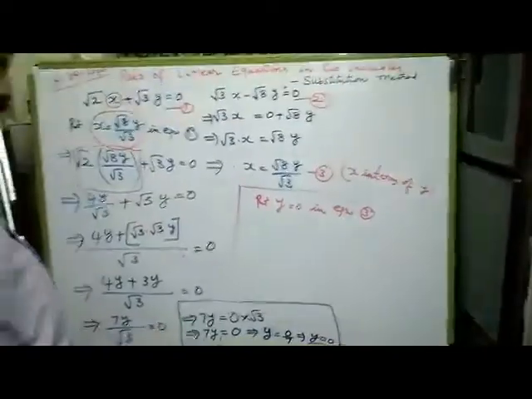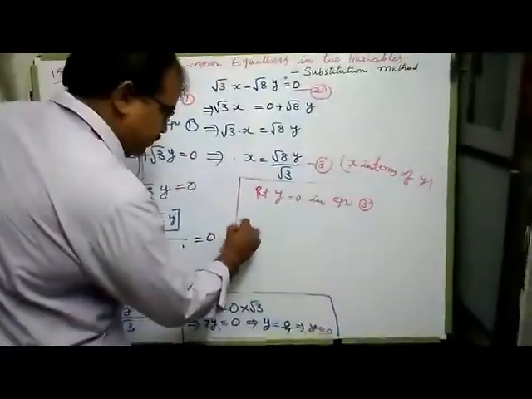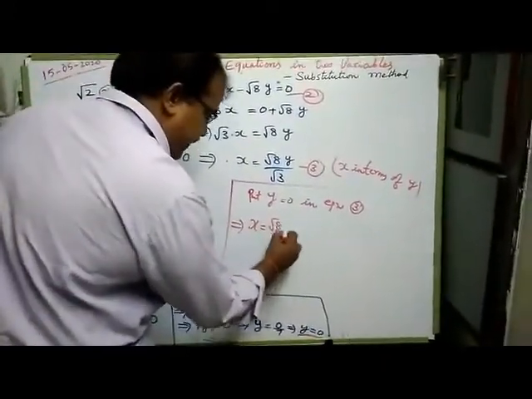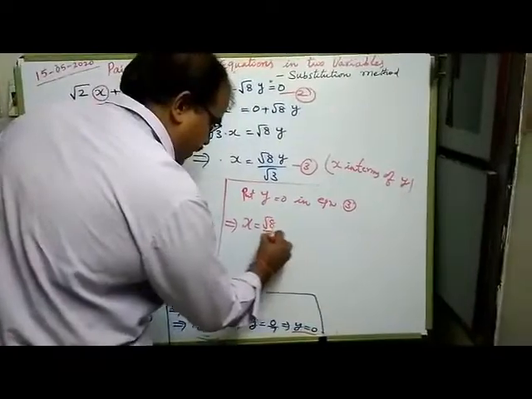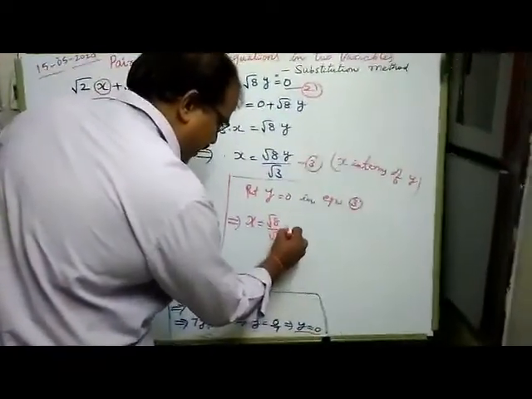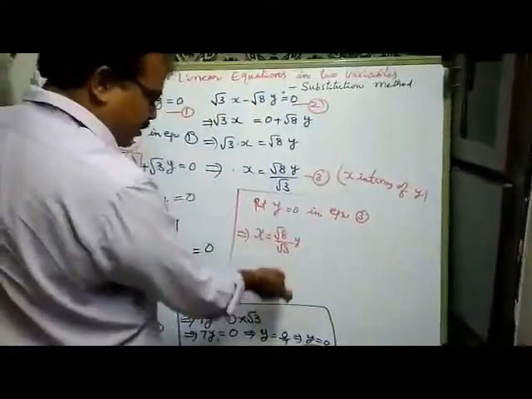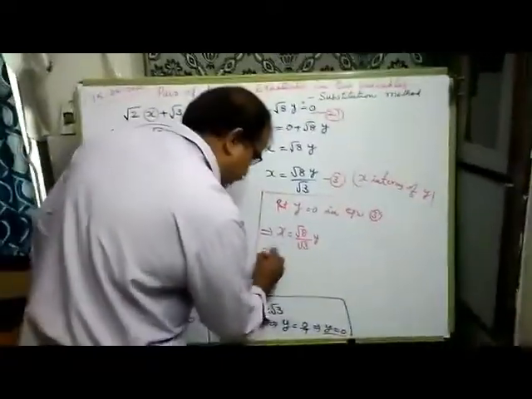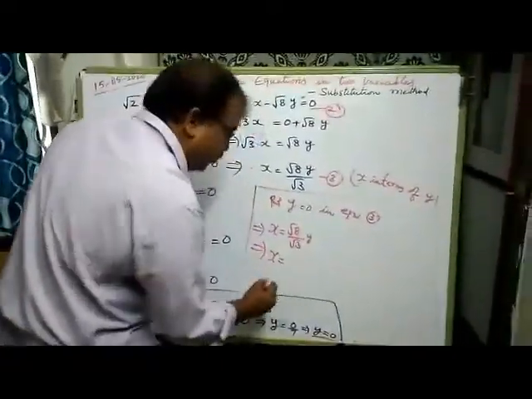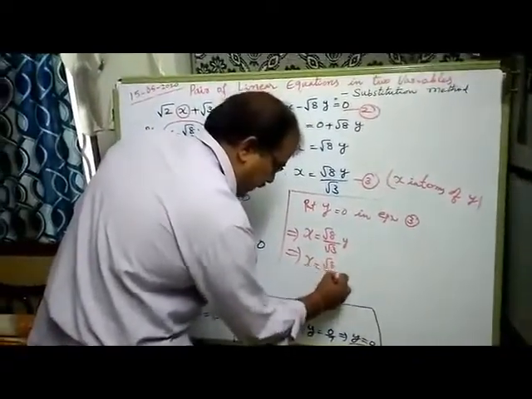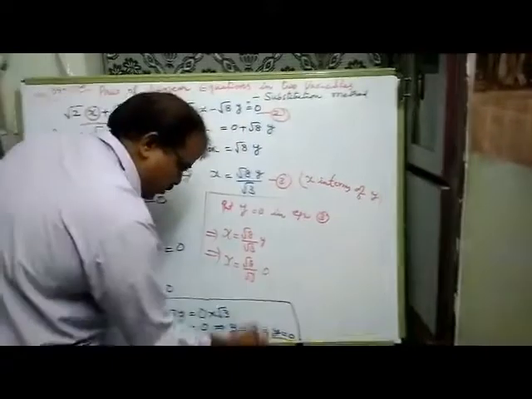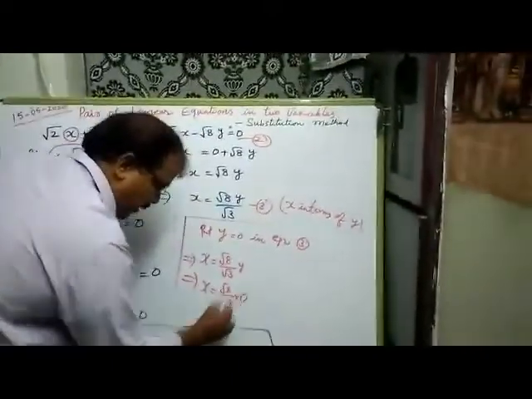Equation 3 implies x is equal to root 8 by root 3 into y, or you can write 8y by root 3 also, no problem. Both are correct. That implies x into root 8 by root 3, y value 0, into 0.